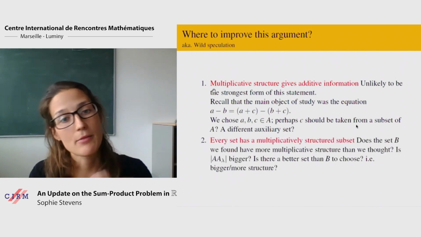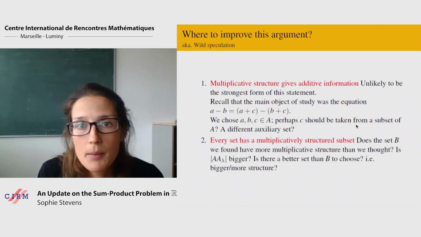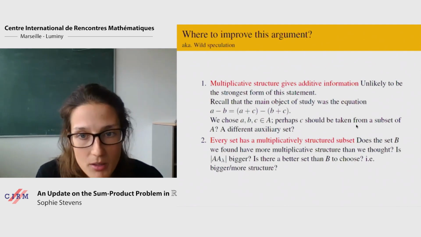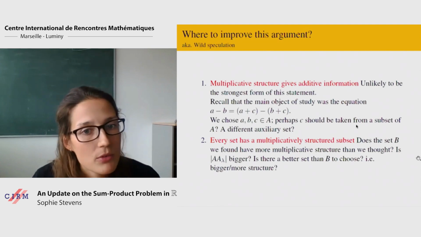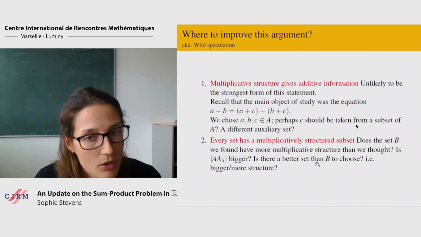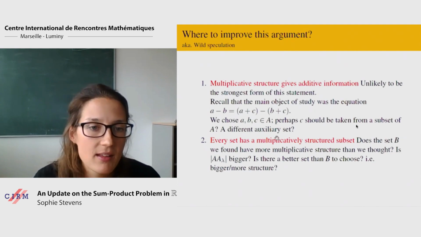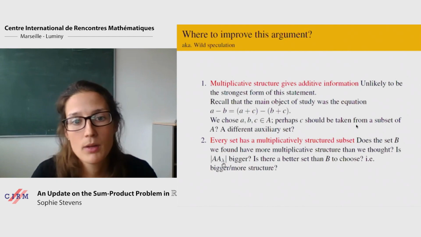The second part of our argument is that every set has got a multiplicatively structured subset. I certainly wouldn't rule out the fact that this part of the argument can be improved. It can be improved in several ways. The set B that we found, maybe it's got more multiplicative structure than we can quantitatively show. What this would correspond to is that this set A times A lambda would be bigger than we show it is.